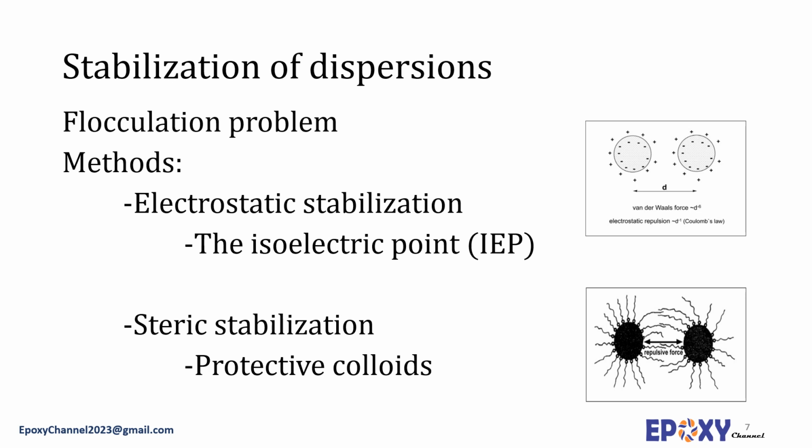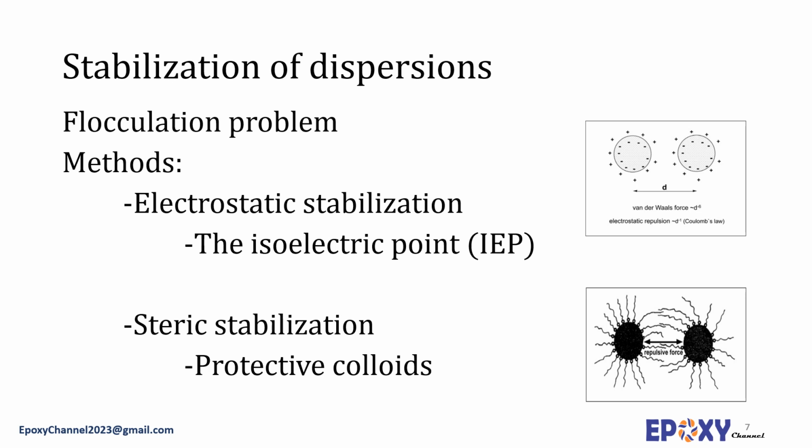The surface of pigment or filler particles can acquire a charge by several means, for example, by dissociation of functional groups on the particle surface, or by the adsorption of ions, mostly polyions. At a certain pH value of the medium, the surface charge becomes zero, which is called the isoelectric point.